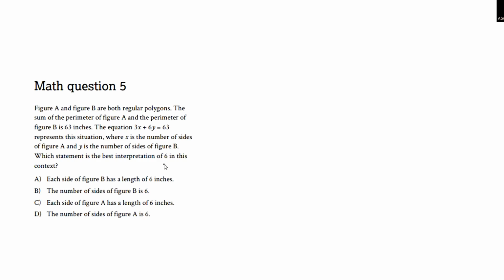Now the final question here says that figure A and figure B are both regular polygons. The sum of the perimeter of figure A and the perimeter of figure B is 63. So the summing, we have A plus B is equal to 63. So let's keep that aside. Also, the equation 3x plus 6y is equal to 63 represents this.